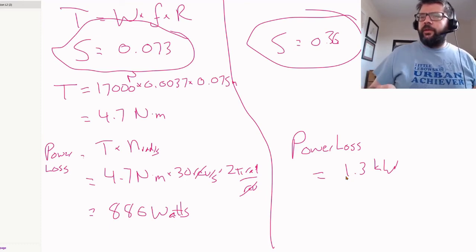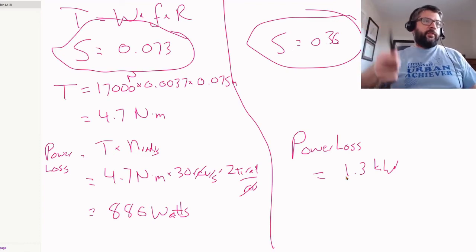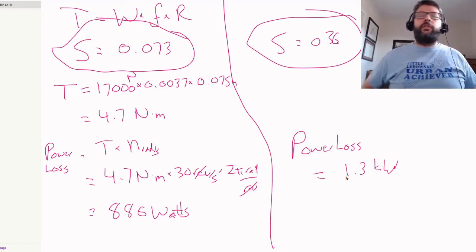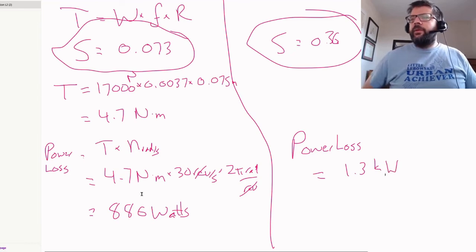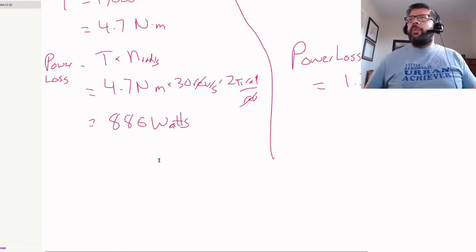Suffice it to say, when we're reading these values off the charts, we're making a lot of guesses on the exact value. Our significant digits are fairly low, so you don't want to be throwing too many decimal places behind all of these. So that's our power loss there.